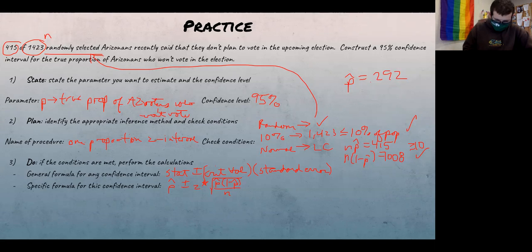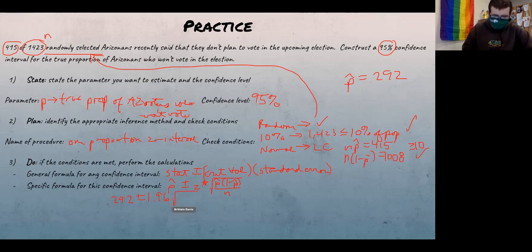So I have 0.292 plus or minus z star for a 95% confidence interval. I bet some of you can remember what that number should be. What is our critical value for 95%? 1.96. And I should clarify, that is the critical value z star at the 95% confidence level.